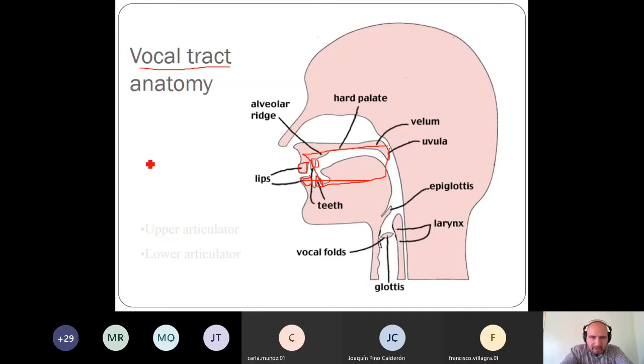When you produce a sound as in father, feast, fun, you're producing the sound with the upper teeth and the bottom lip. Is that right?